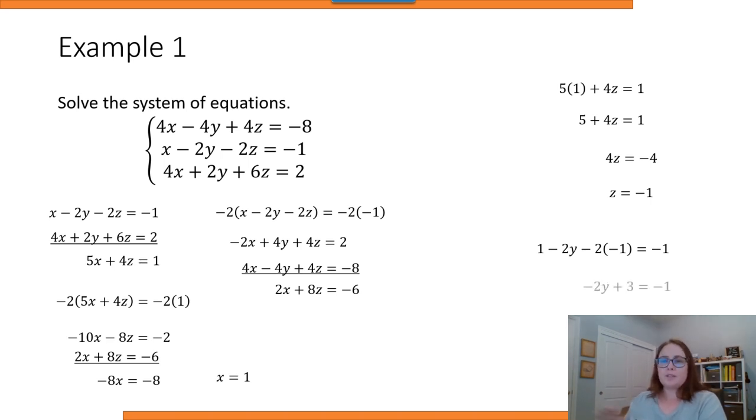And if I clean up the constants on the left, I get negative 2y plus 3 equals negative 1. And then subtract 3 to get negative 2y equals negative 4. And divide by negative 2 to get my final solution, y equals 2. Putting that into an ordered triple for my final answer, I get (1, 2, negative 1) for my solution.